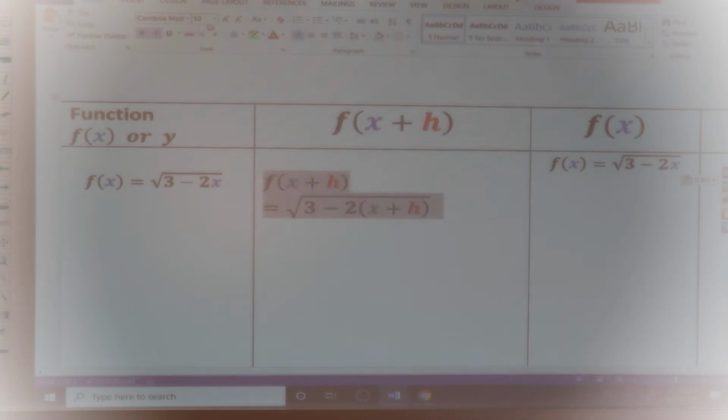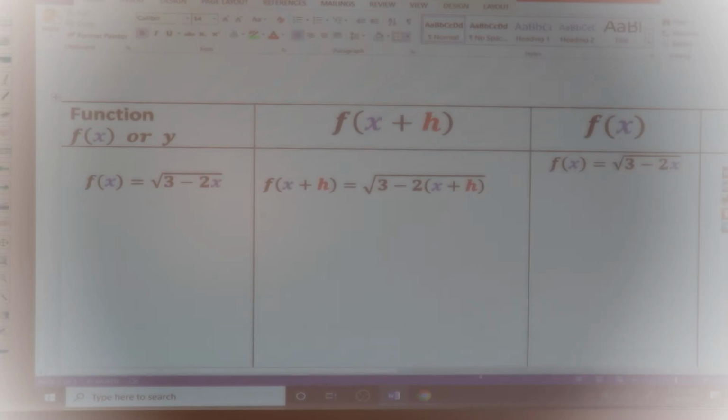You can see this, guys? It's easy. All you have to do is go to the main function, change x to x plus h, and leave it like that. Now we have both of them: f of x plus h and f of x.